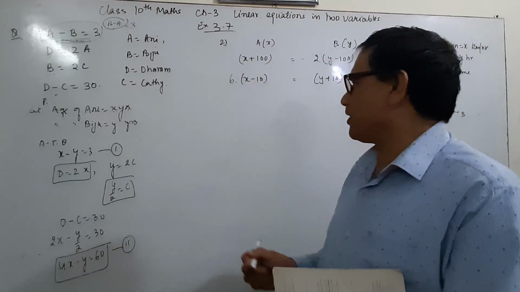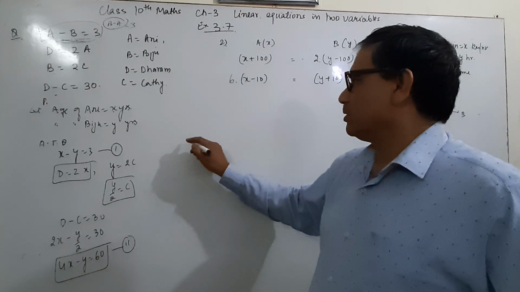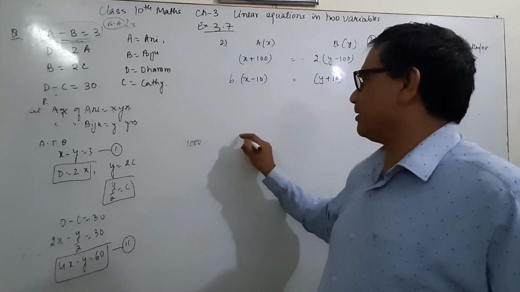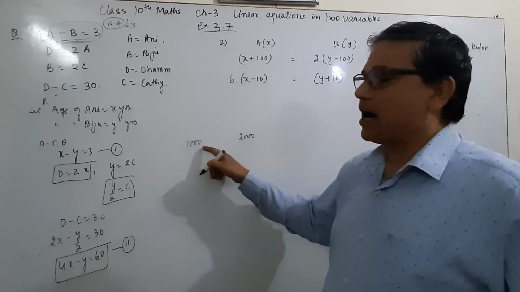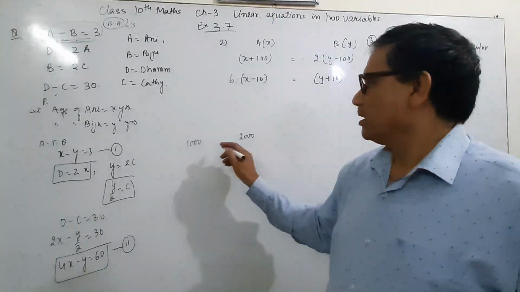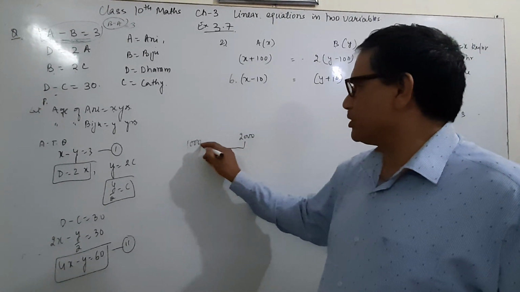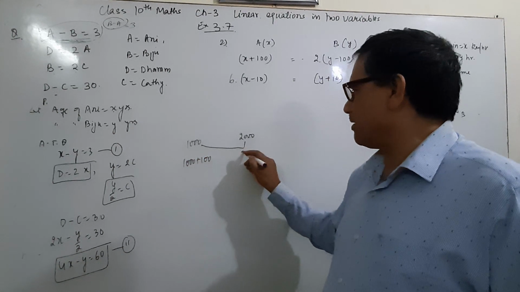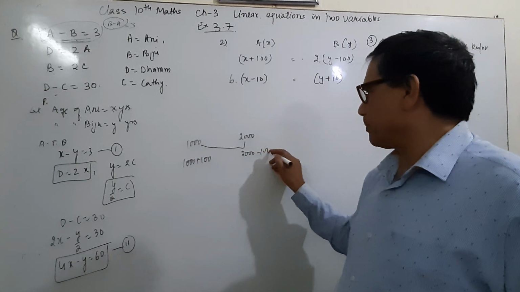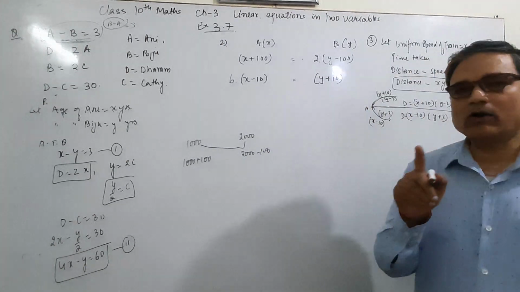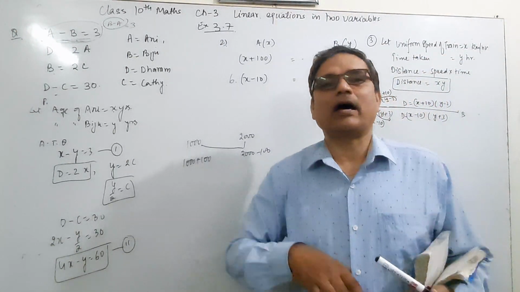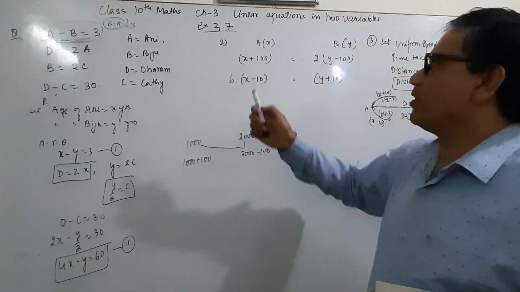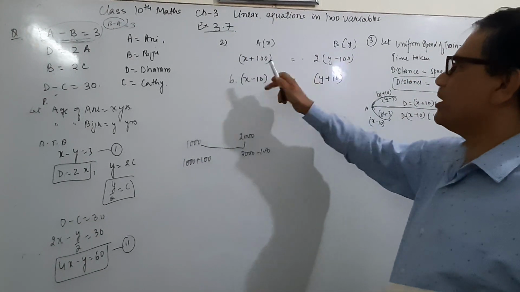For example, if you have 1000 rupees and I have 2000 rupees, and you ask 100 rupees from me, then I will give 100 rupees to you. So you will get 100 plus and I will lose 100, minus. It means you are getting 100 rupees and I am losing 100 rupees. One says, give me 100 rupees.